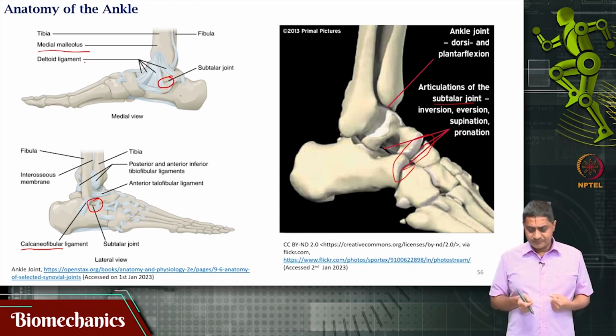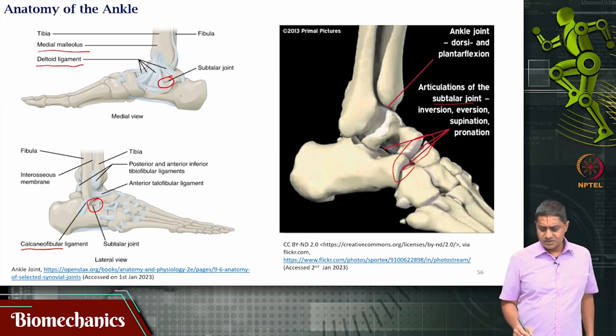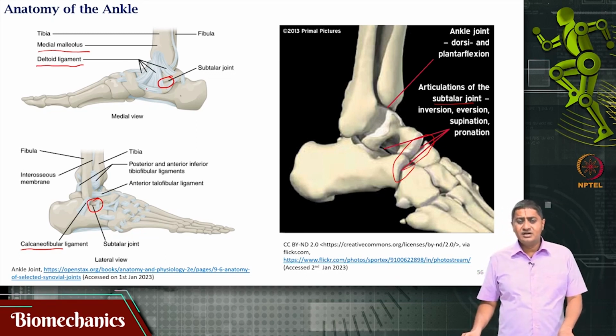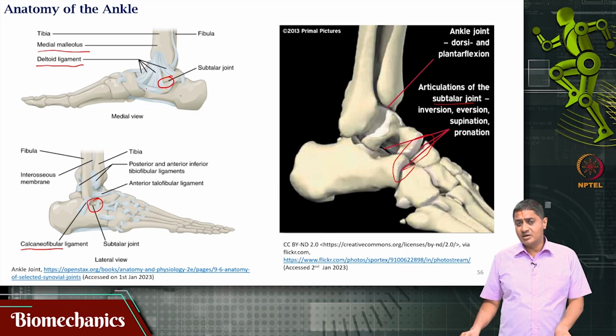Right. So, the deltoid ligament is also shown here. So, this is one of the more ligamentous joints, obviously because it has the responsibility of passing on the entire load of the body onto the ground and not destabilize while doing so.